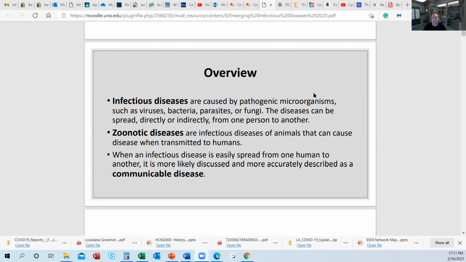But when they do, and when they're particularly deadly or infectious, it does lead to what we define as a worldwide pandemic. We'll talk about the definition of a pandemic shortly, but that's certainly the case we're in right now. And any disease that's easily spread from human to human is also described as a communicable disease.